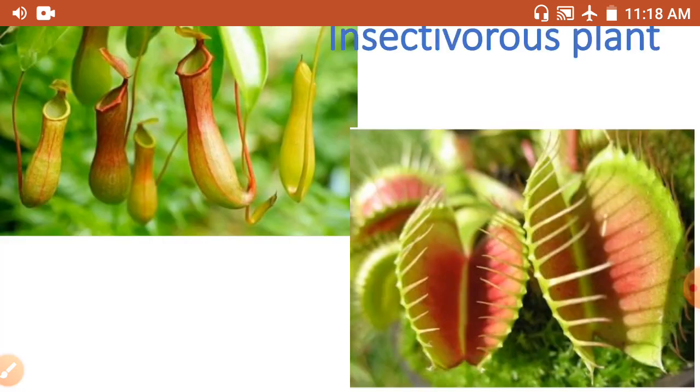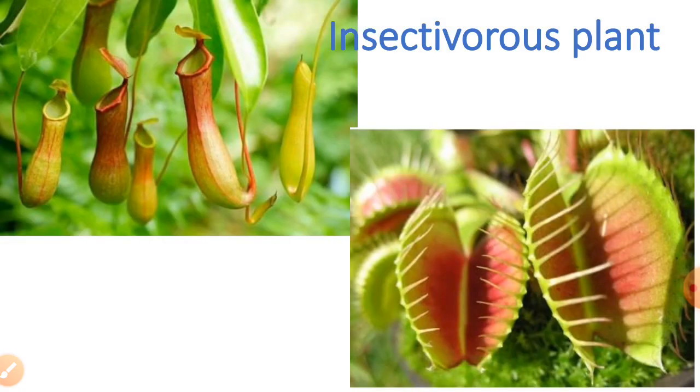Now the second example is insectivorous plants. Insectivorous means they can eat insects, and they are also called carnivorous plants.